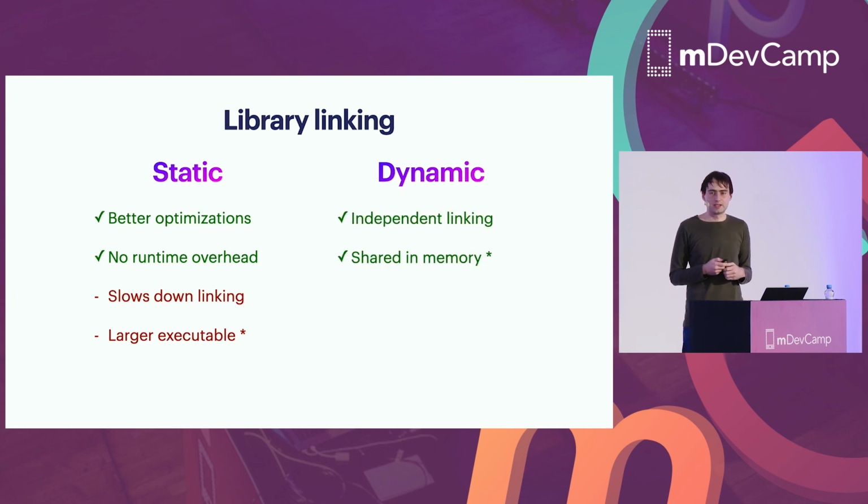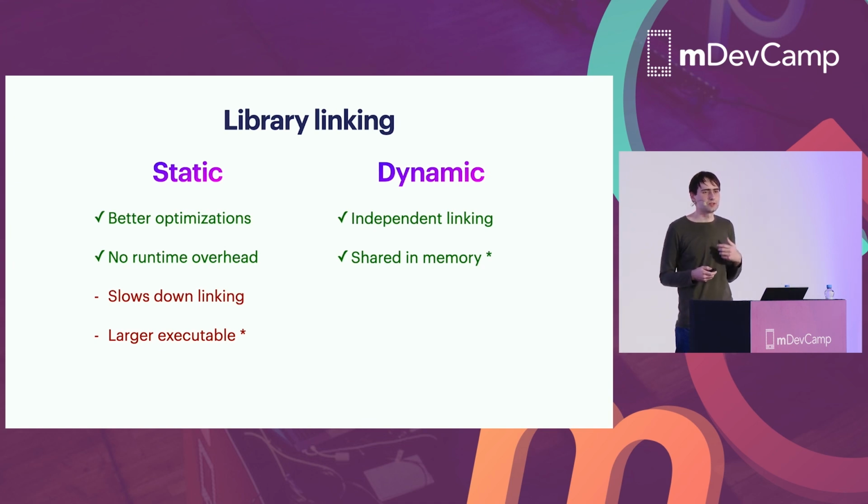On the other hand, dynamic libraries have the advantage of being independently linkable. Because they are linked at runtime, you can do weird things like hot reloading, or even compile against one version of the library and then provide a different version of the library during runtime without having to recompile your whole app.